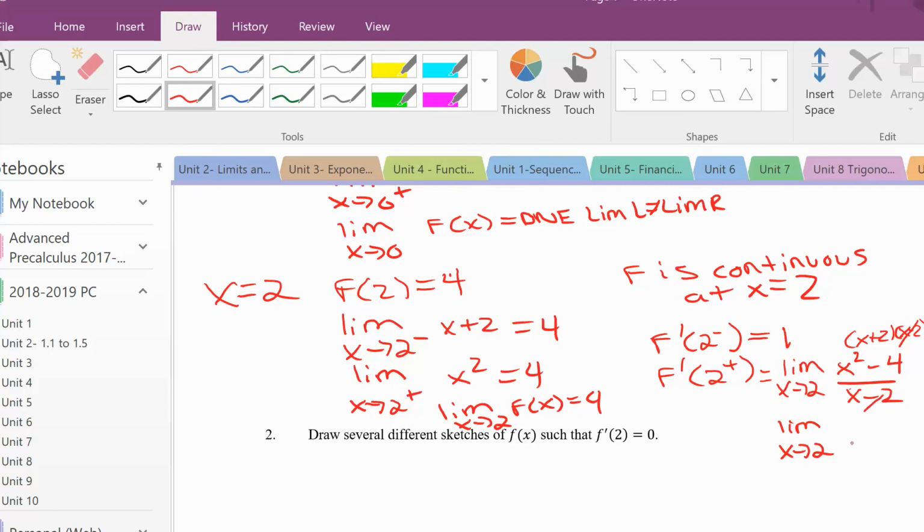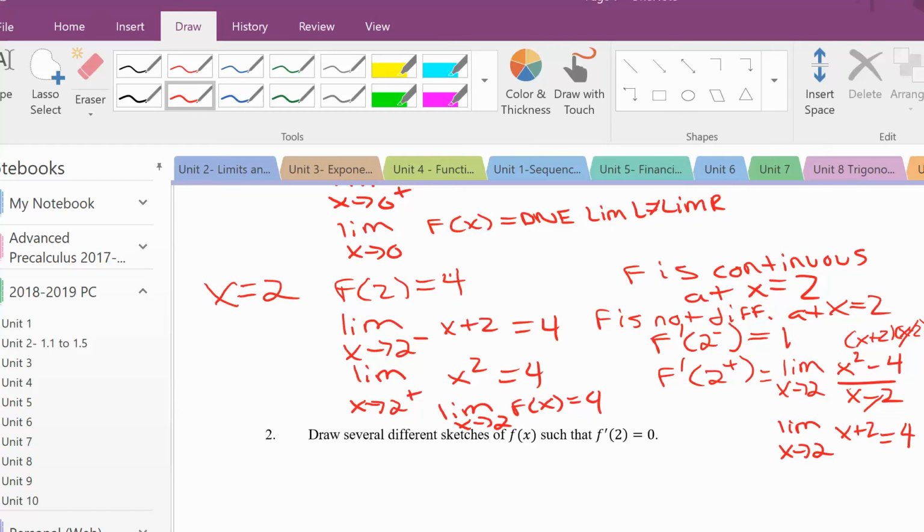When you cancel, it becomes x plus 2, which means it's 4. So the derivative from the right is 4. So therefore, f is not differentiable at x equals 2 because the derivative from the left and the right are not the same.